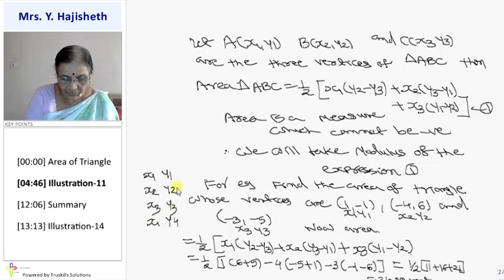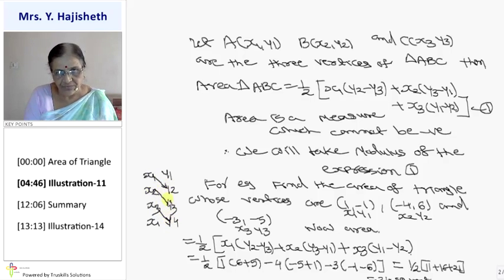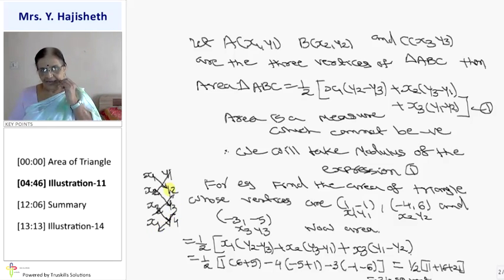Written? Then make arrows like this. x1 is multiplied with y2, x2 is multiplied with y3, x3 is multiplied with y1. This product should be given positive sign. And then y1 is multiplied with x2, y2 is multiplied with x3 and y3 is multiplied with x1. That should be given negative sign.